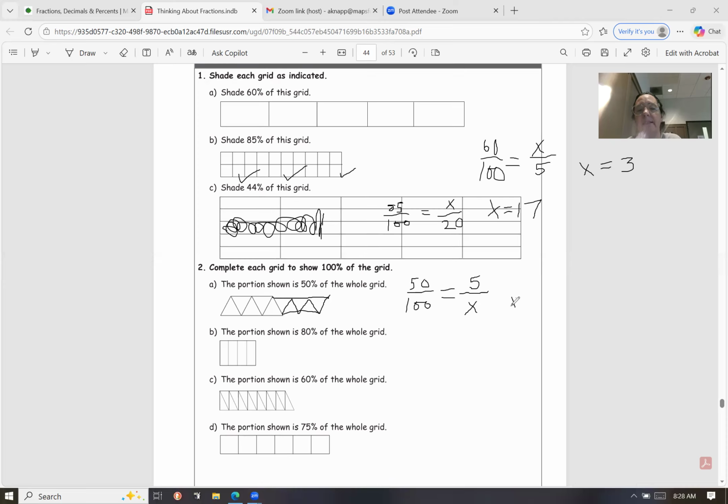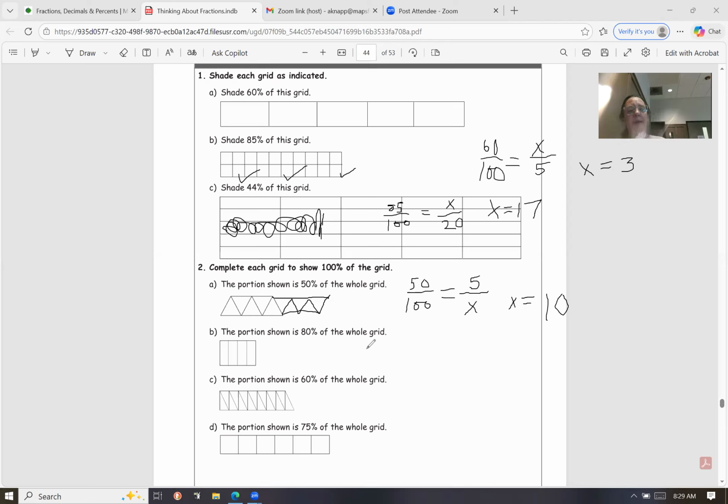So our X is 10, telling us that we need 10 triangles. Always remember when you're setting up a proportion, you need to be consistent. So if we're doing the small part to the big part equals small part to the big part, here we have 50 out of 100 would be 5 triangles to 10 triangles.